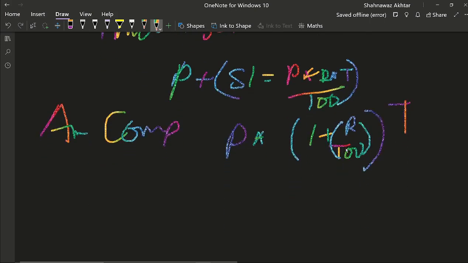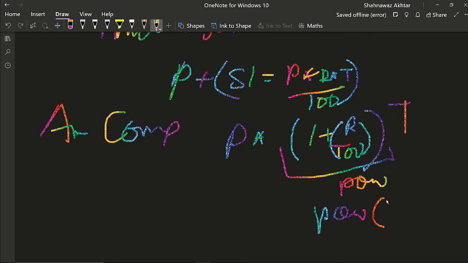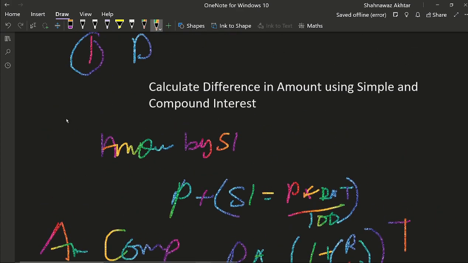So this expression uses the power function, as in 1 plus R upon 100 comma T. I have given you the hint. Use this and calculate. Now this is your only question as an assignment.